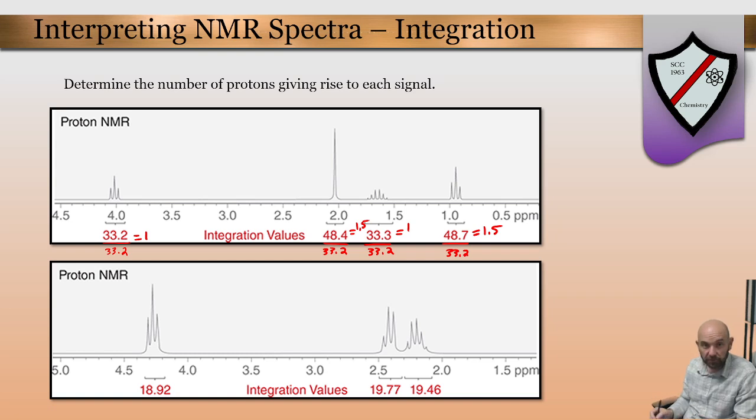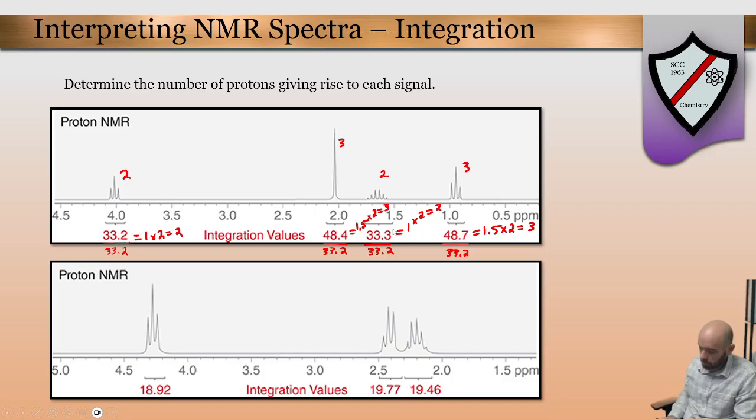If I multiply everything by 2, that becomes 2, that becomes 3, that becomes 2, and the final one becomes 3 as well. So that tells me the signal here represents 3 protons, the signal here represents 2 protons, this signal represents 3 protons, and this signal represents 2 protons.